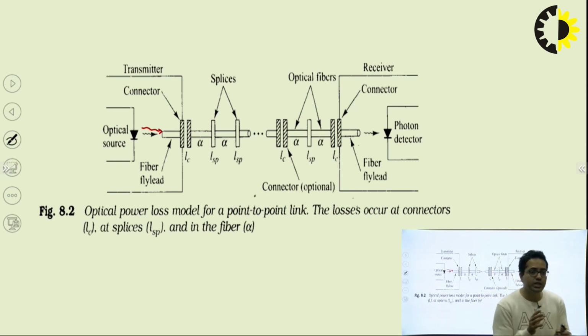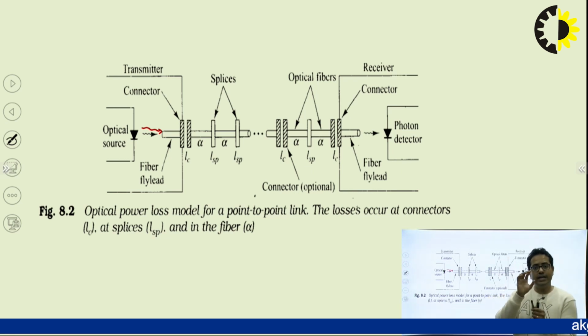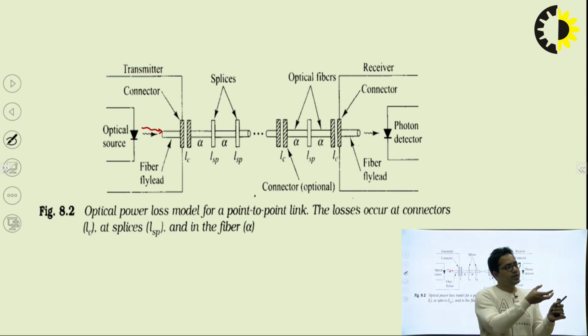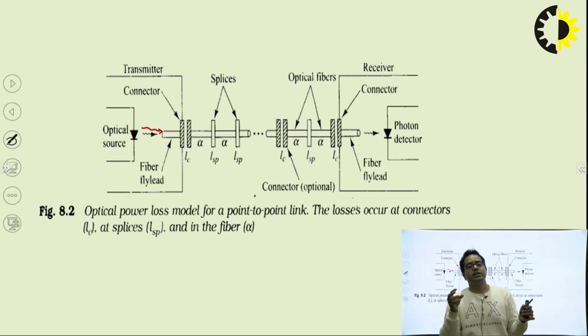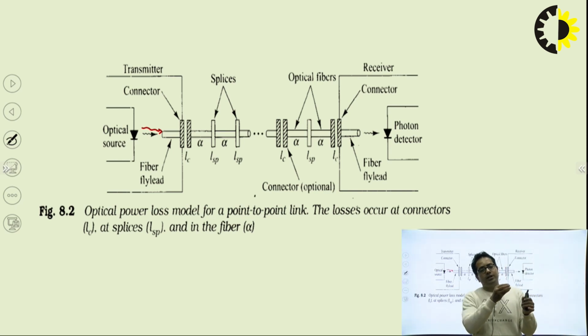If we are not using the fiber fly lead, then what happens? You have to very efficiently couple that light into the fiber, because there might be a mismatch between the point from which your optical power is emitted and the core diameter, right?